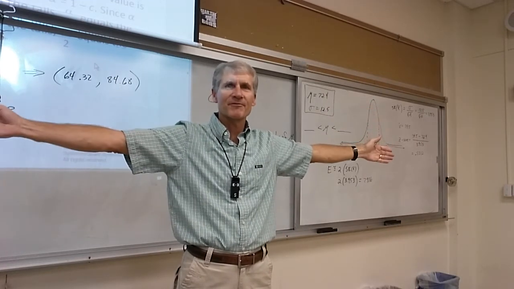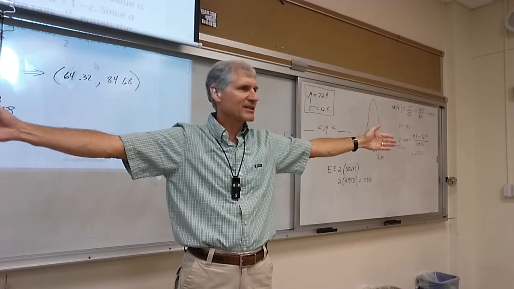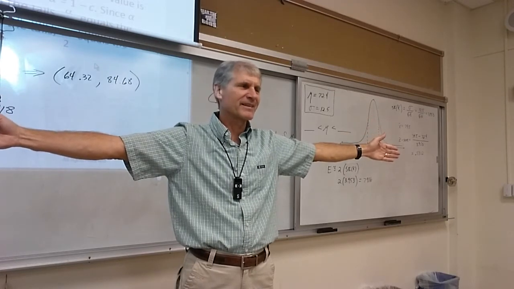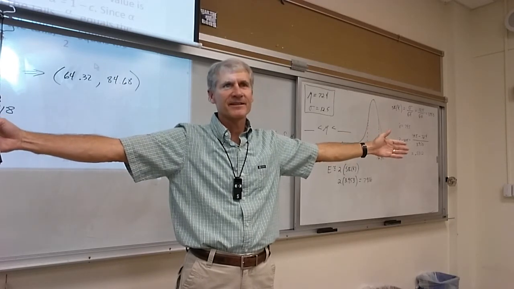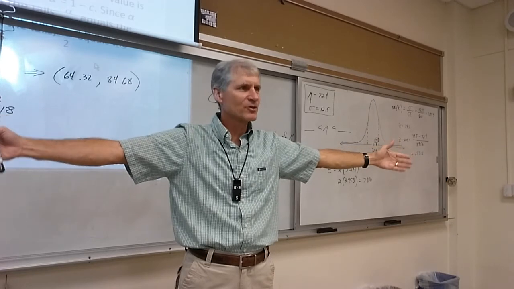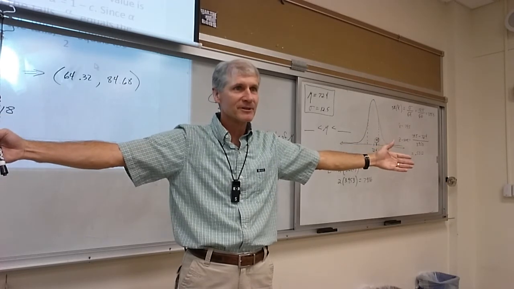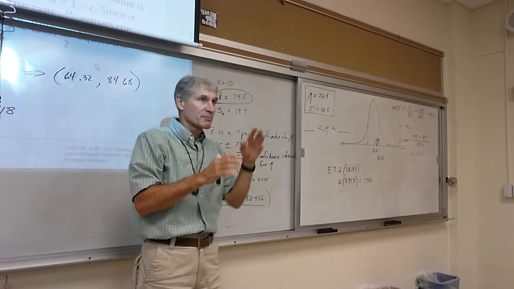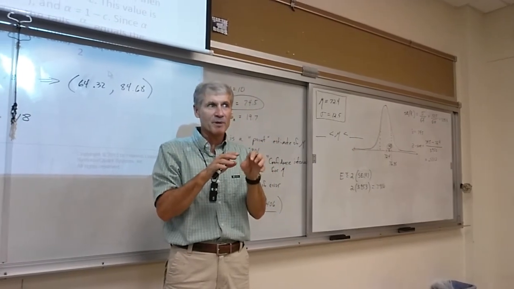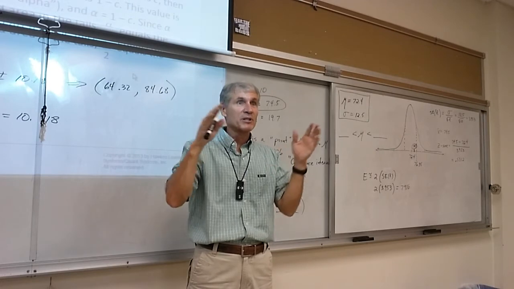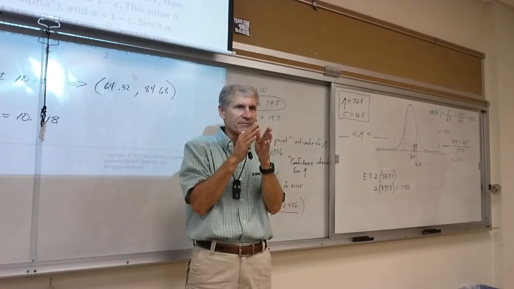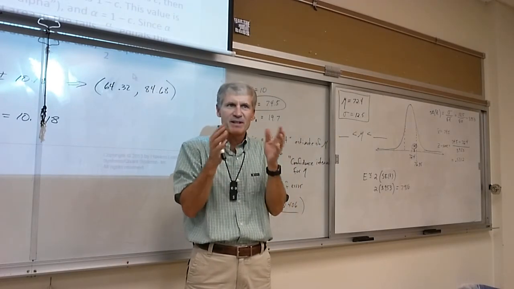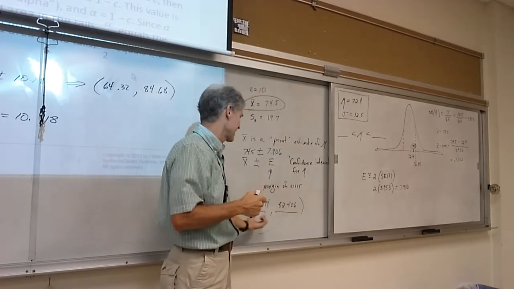I'm 100% confident the true mean is in there. And then they roll their eyes at you and they say, okay, but that's not useful. Right? It's true, but it isn't useful. So the level of confidence is a balancing act. I want to be highly confident, but still have an interval that's narrow enough that it's useful. That it narrows it down to something that I can take advantage of.